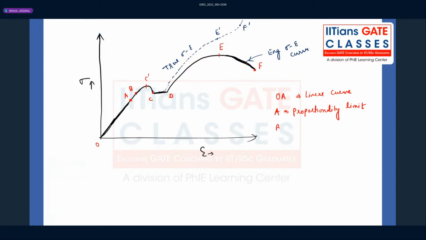Whatever the B point is there, that is the elastic limit. If somebody will be asking you very strictly, Hooke's law is valid up to which point? A point. That's it. Don't try to say B point. A point. That's it. Hooke's law is valid up to A point only.